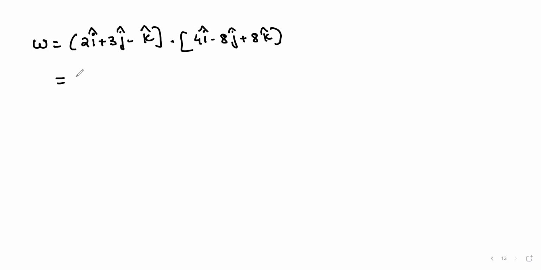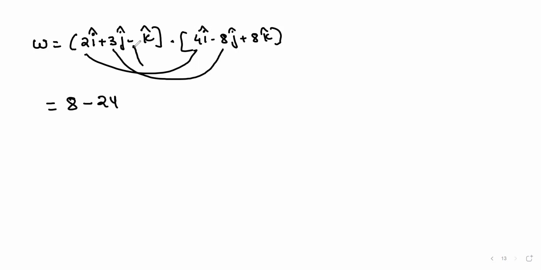So if we do the dot product, first we have to multiply 2i and 4i, so 2 into 4 i dot i. So 2 into 4 is 8. Then 3 into minus 8, minus 24. Then minus 1 into 8.